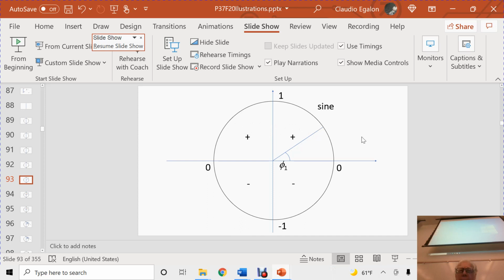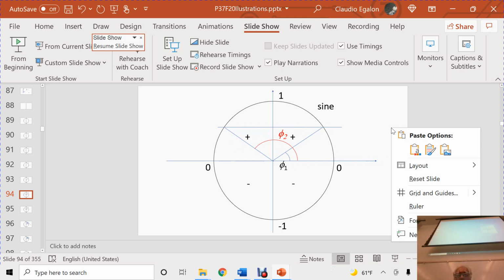Okay? And that's what the next slide is. According to the trigonometric circle, there is a second angle for which you get exactly the same value for the sine. And this angle I'm calling phi 2. Phi 1 has one value and phi 2 has the same value, but those two angles are different.